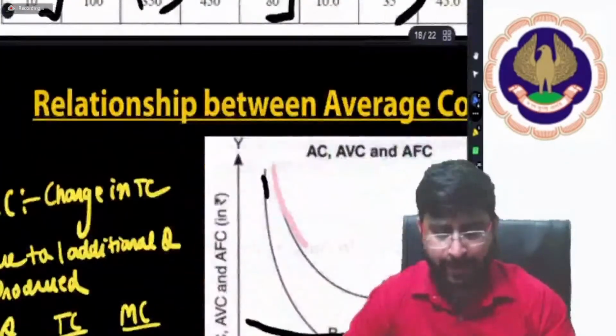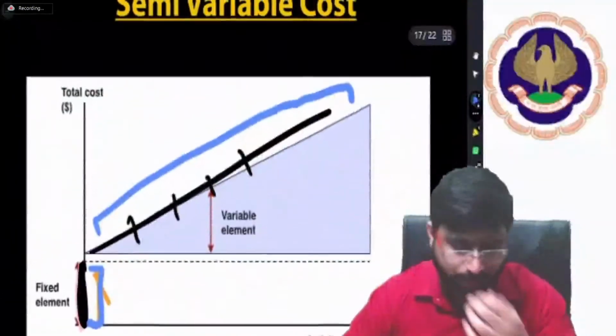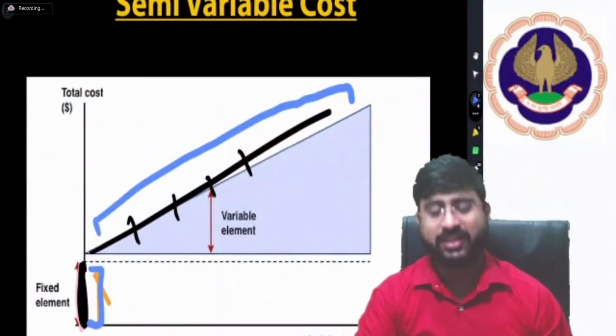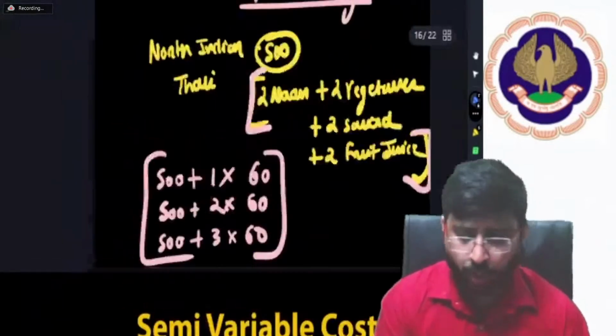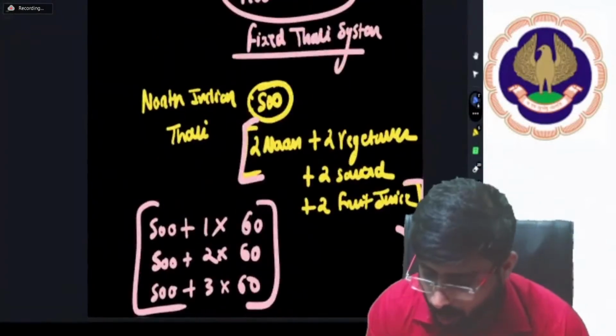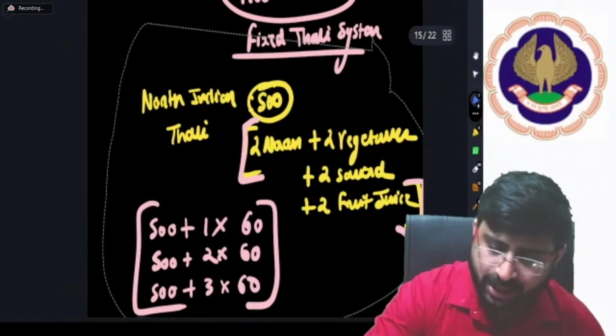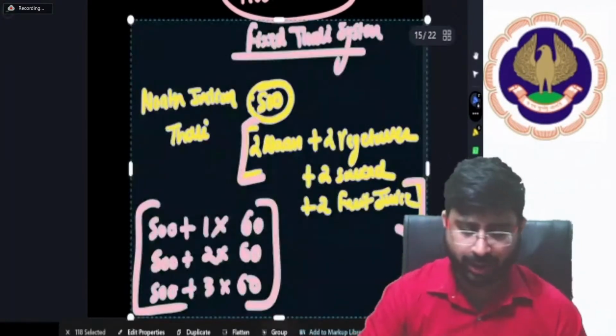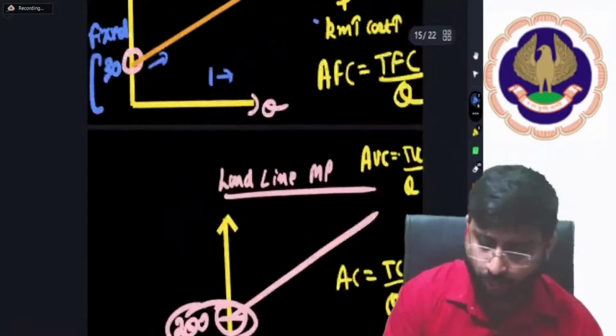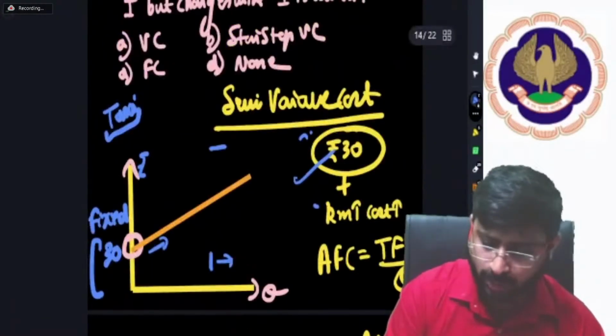Now, before we discuss any further, remember one more thing. Now we are discussing the concept of averages. I believe all of you shall be ready for it. What does it say?